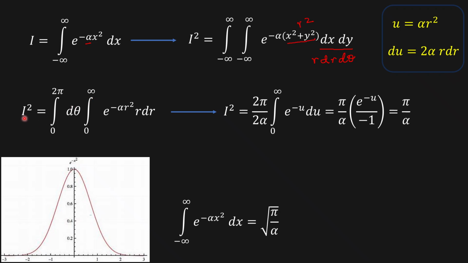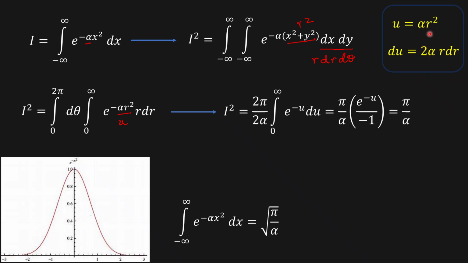So this integral can be written as, with respect to theta, 0 to 2 pi d theta, and 0 to infinity, because r varies from 0 to infinity, e power minus alpha r squared r dr. Then you keep this as u. So u is equal to alpha r squared, and du, what is du? If you differentiate r squared, you will get 2r.